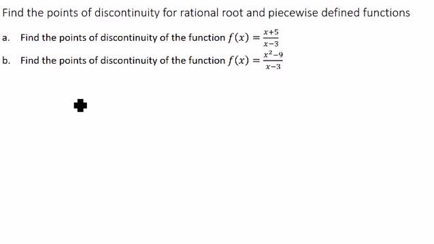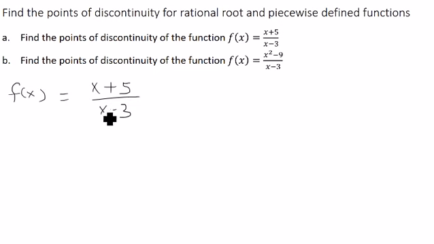Next example. So these are rational functions, and we're finding the points of discontinuities. The first one is f of x equals x plus 5 over x minus 3, and the question is to find the points of discontinuities of this function.